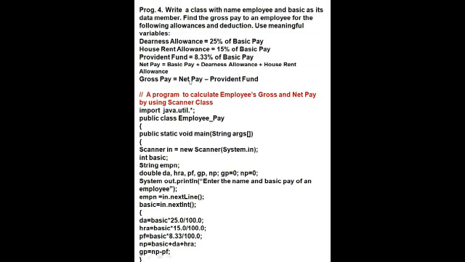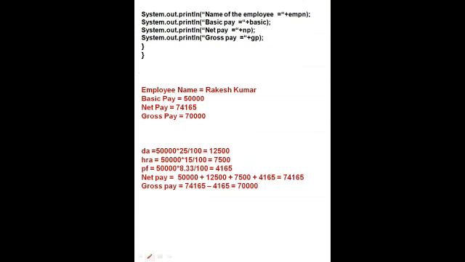GP is equal to NP minus provident fund, we have taken PF. NP minus PF. Now this bracket will close here. System.out.println: name of the employee plus EMPN, basic pay plus basic, net pay plus NP, and gross pay plus GP. This is the output.